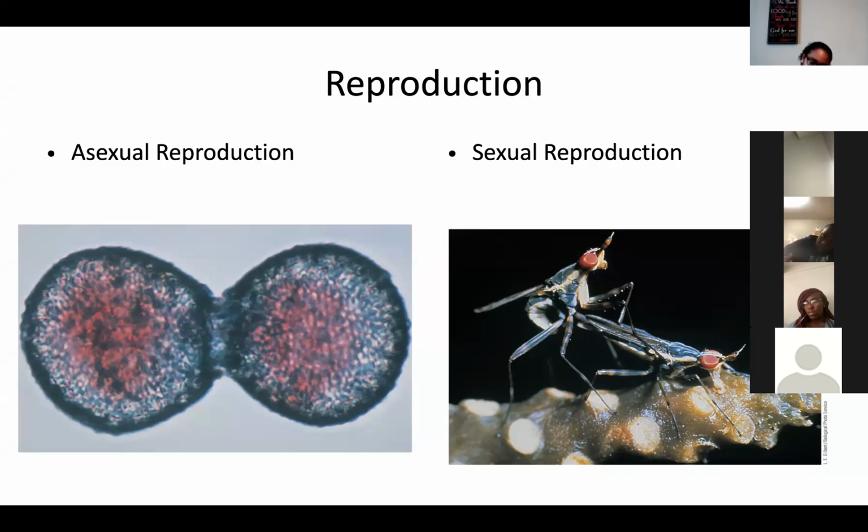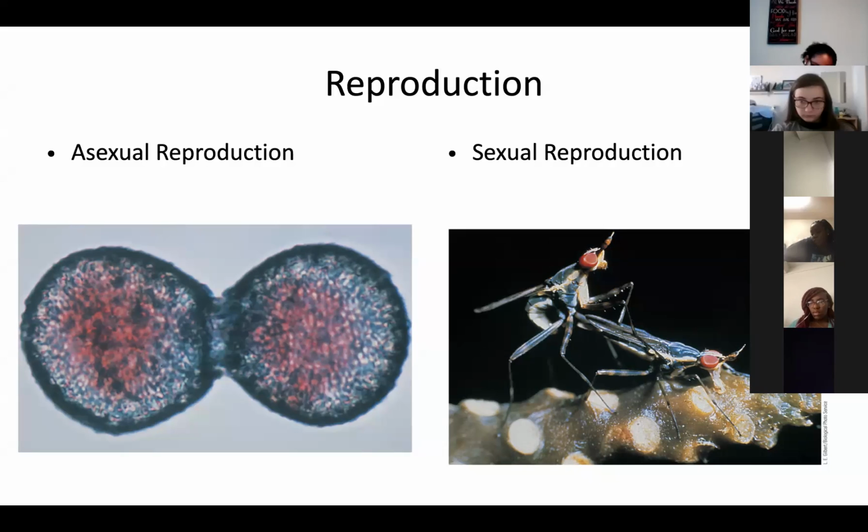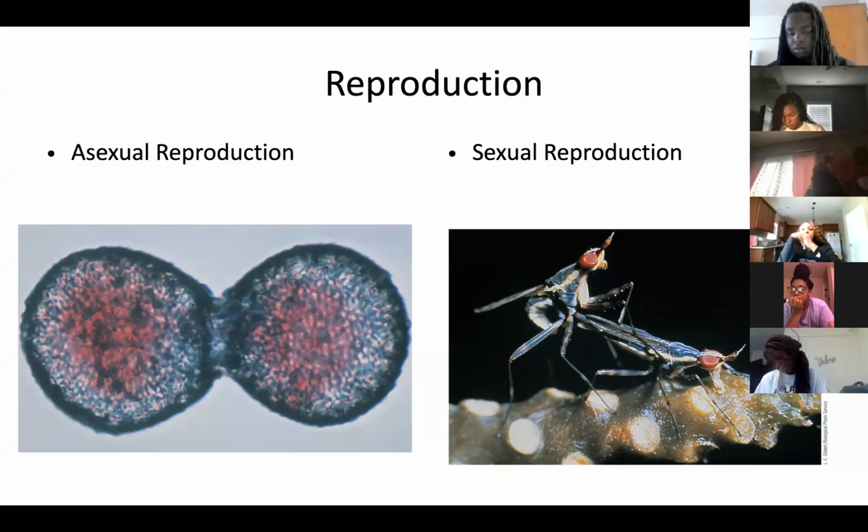Can someone raise their hand and tell me the difference between these two forms of reproduction? Sexual requires two organisms, and asexual only requires one. Absolutely. Now, did you know this already, or did you just review it when you read chapter 1? Or did you remember it from high school? I remember from high school. Absolutely.